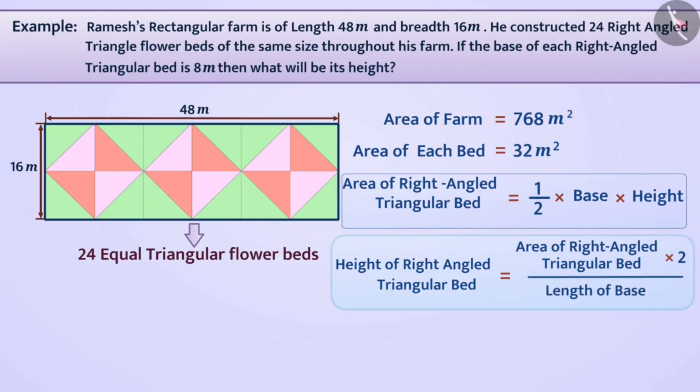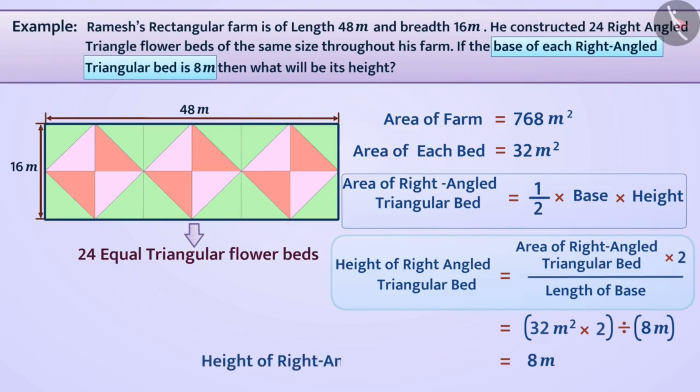It is given that the length of base of right-angled triangle is 8 meter. Therefore, its height will be 32 square meter multiplied by 2 divided by 8 meter is equal to 8 meter. So, in Ramesh's field, the height of each right-angled triangular bed is 8 meter.